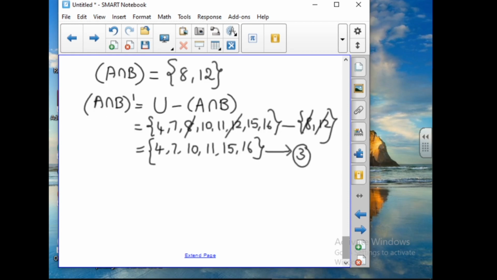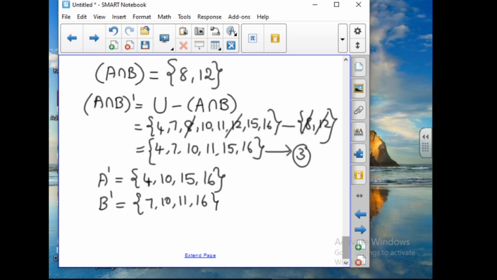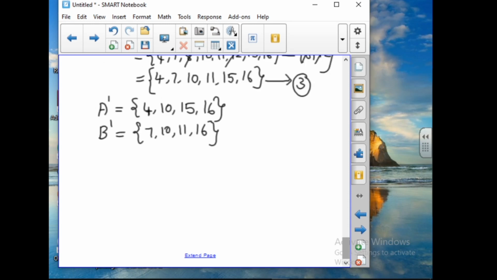Okay, then right hand side, we already know A dash. In the first subdivision we found A dash values, so directly you can take it, no need to find again. Okay, 4, 10, 15, 16. This is your A dash, and your B dash is equal to 7, 10, 11 and 16. Okay, then you have to find A dash union B dash.